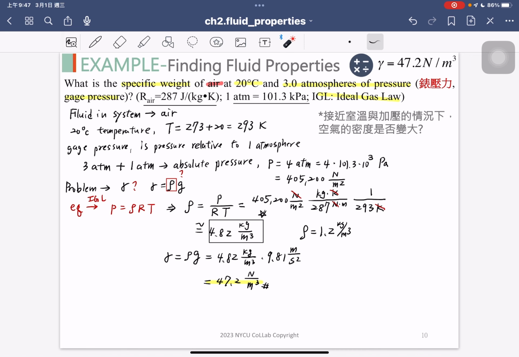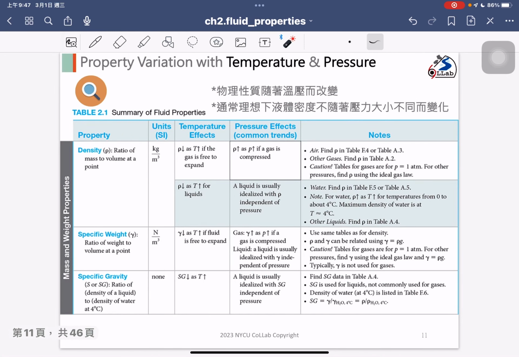Okay, so in the following slide, I just put some important tables to summarize how some physical properties change with different temperature and pressure. So the topic showing here is how properties respond to the temperature and the pressure. This table first shows the 3 important properties associated with the wet mass.